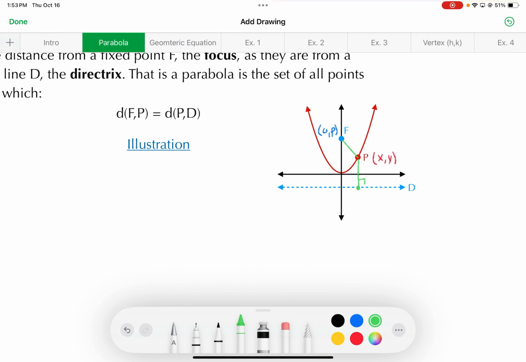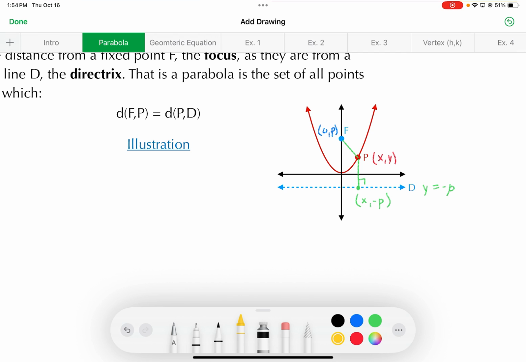So right here, that would have to be the point x, negative p. All right, now why? Well, it's directly below point P, so it's got to have the same x coordinate, right? But why negative p? Well, the equation of this directrix has to be y equals negative p if the focus point is 0, p.